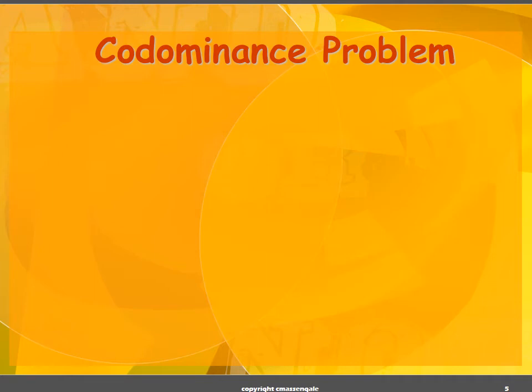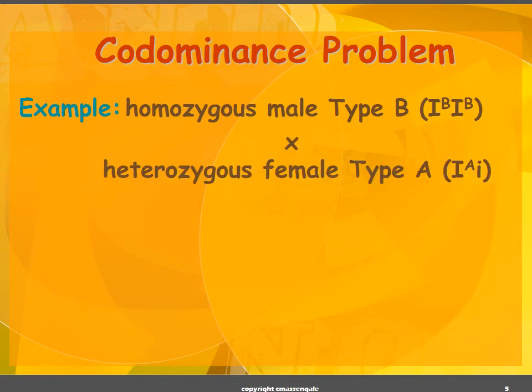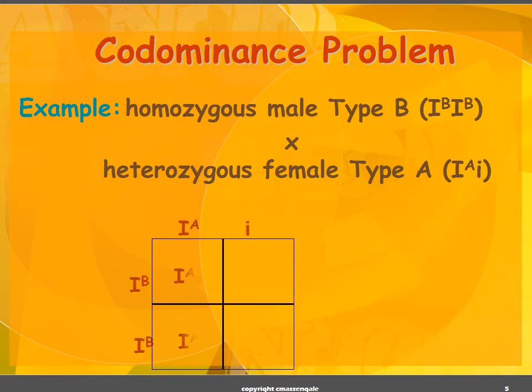So let's have a look at a codominance problem using blood type. If we have a homozygous male, type B blood, remember homozygous is IB IB, and a heterozygous female, right? So it will be with type A blood, IA, little i, we cross them. This is what it will look like, right?